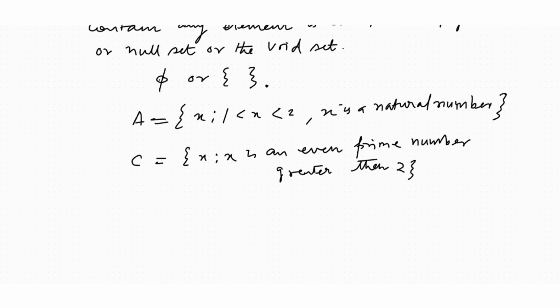So you could easily know that C is an empty set because 2 is the only even prime number.